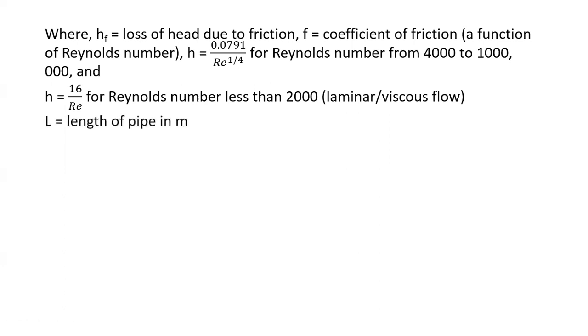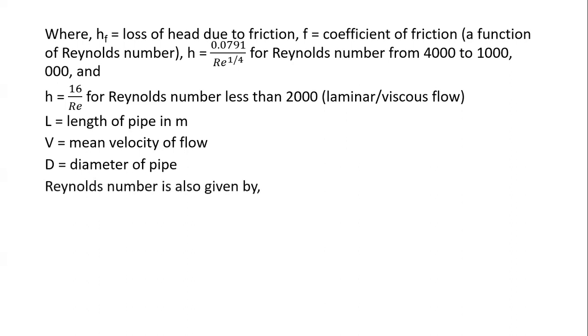Now here, L is the length of the pipe in meters, V is the velocity of flow, D is the diameter of the pipe where the fluid is flowing. Then the Reynolds number is given by Vd over nu, or density times V times D over mu.